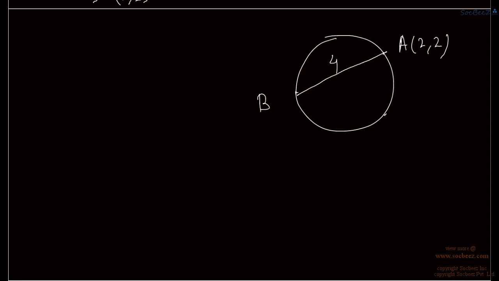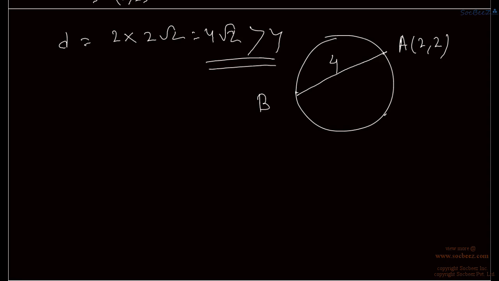Since the diameter of a circle is 2 times the radius, which is 4 root 2, this length is greater than 4, right? So we are getting 2 points on the circle. Say this is the diameter, so this length is 4 root 2. So actually we will be getting 2 points, say B and B dash, on the circle which are at a distance of 4 units, right? So we have to find these 2 points.